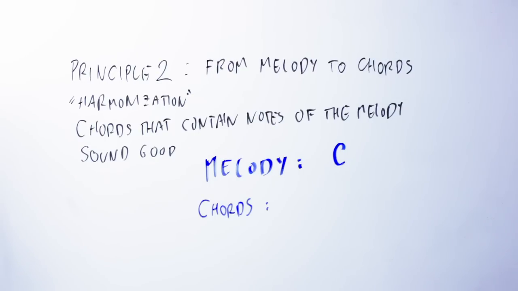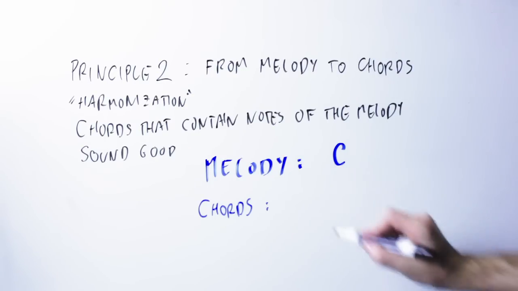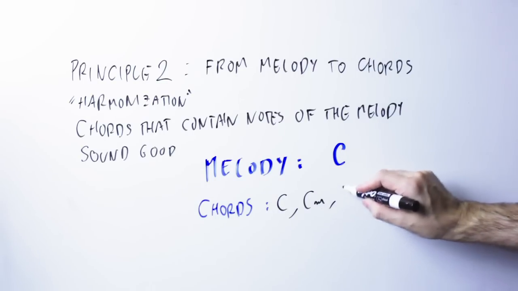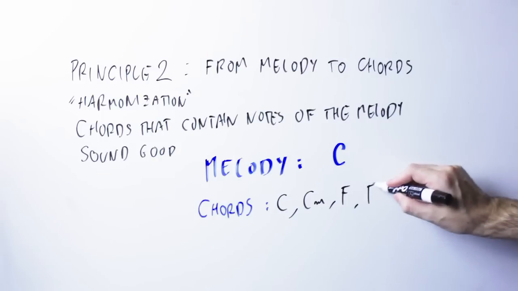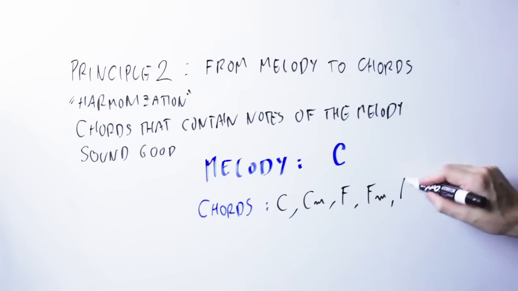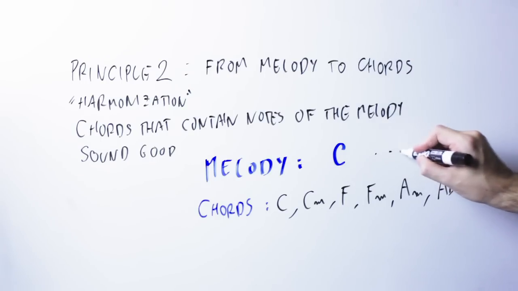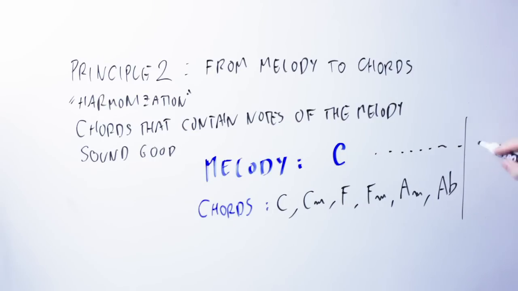If we stay only with chords of 3 notes, you have the C major chord, the C minor chord, the F major chord, the F minor chord, the A minor chord, and the A flat major chord. And they all contain the C note. And all those chords will work, but of course, then the melody will go to another note, and this other note can be harmonized with different chords.